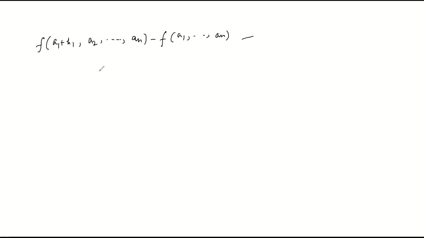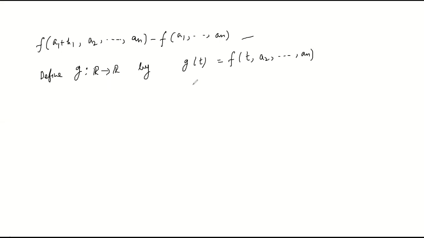So here we apply the mean value theorem. Let's first define G from R to R. Define G of t equal to f of t, where the first component is t and the rest of the components are a2 and so on an.